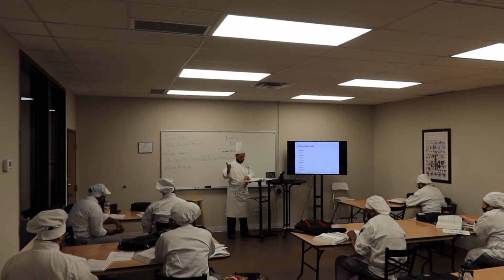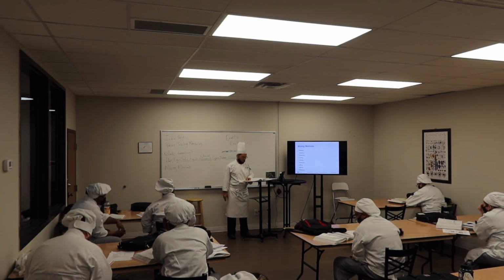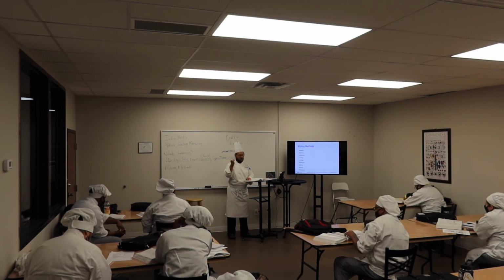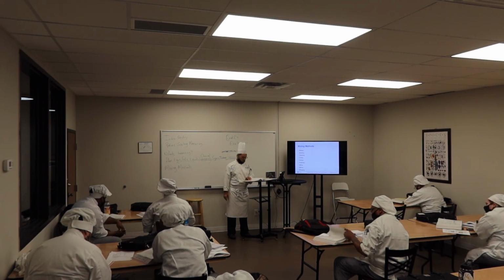You cannot cream on low speed. All you're doing is blending or beating at that point. You're not getting the creaming that you're looking for because you're not going to incorporate the air. So it's that speed, vigorously.